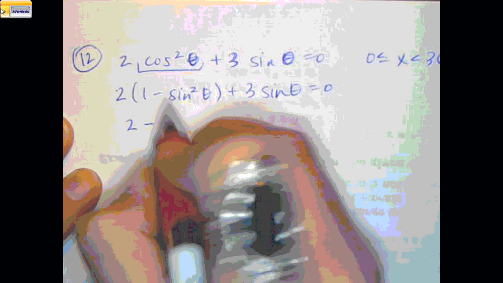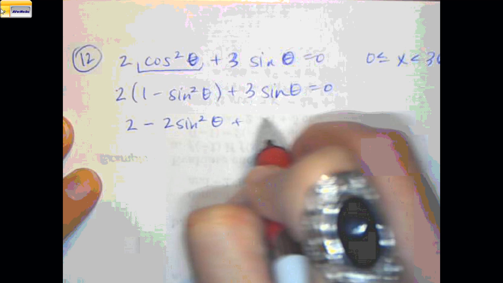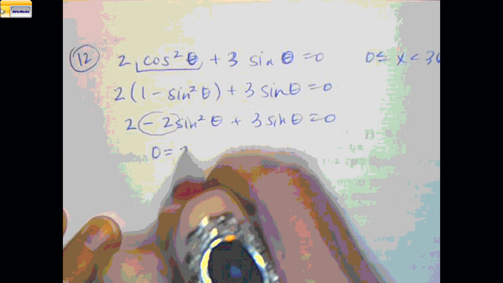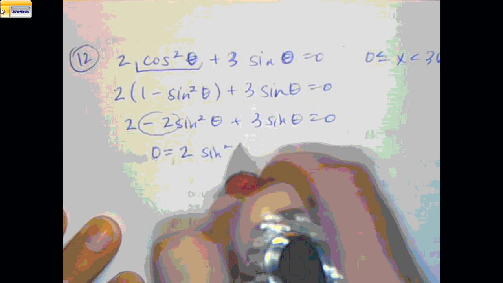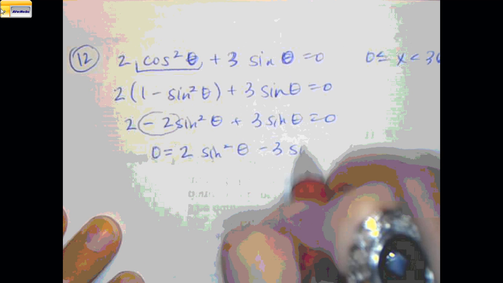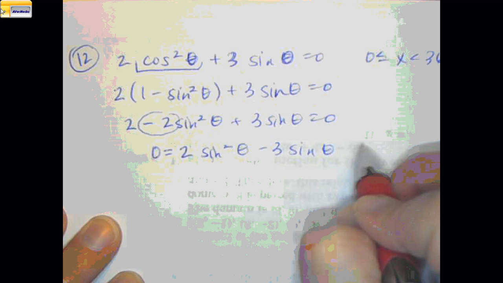Now I have 2 minus 2 sine squared theta plus 3 sine theta equals 0. And this wouldn't look so bizarre if it were in a different order. So I'm going to put everybody on the right-hand side of 0 because I want this negative 2 to be a positive 2 sine squared theta so that I can get ready to see if I can factor this guy.